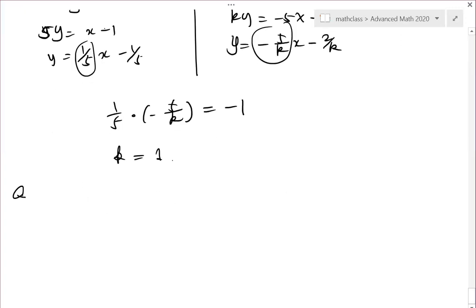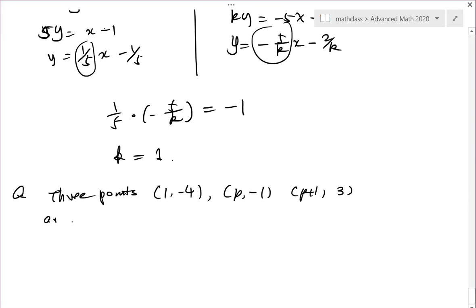All right, so now we take a look at a different type of problems, not talking about equations, okay? So we have 3 points. This is a math contest problem. 3 points has coordinates. Some are given, some are not given. P plus 1, here 3 are on the same line.